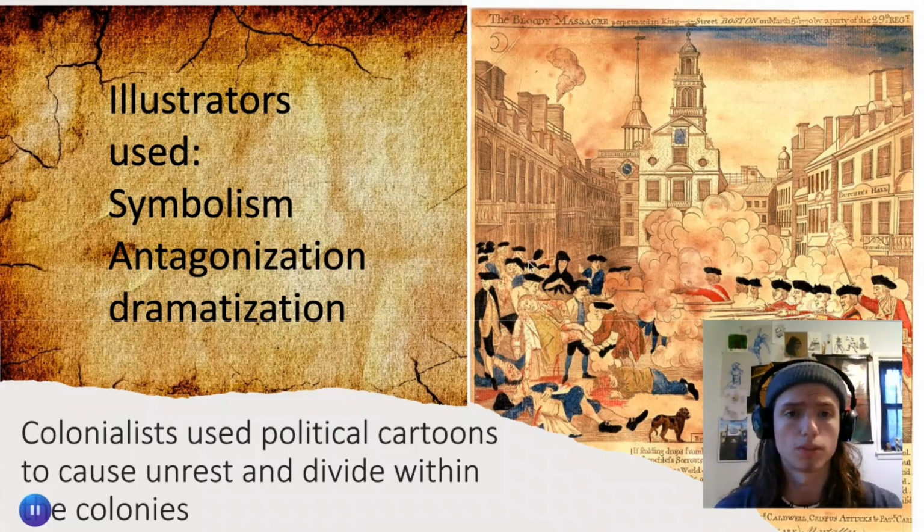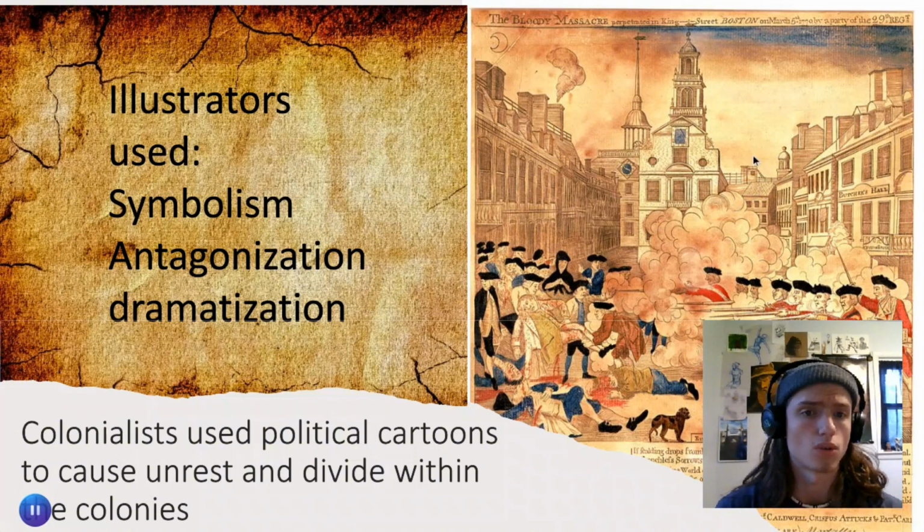This was depicted by Paul Revere, a revolutionary father in his own circumstances and situations. He created this to spread political propaganda, really to sway the public into being against the crown and the British population as a whole.